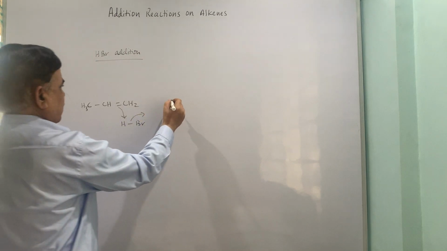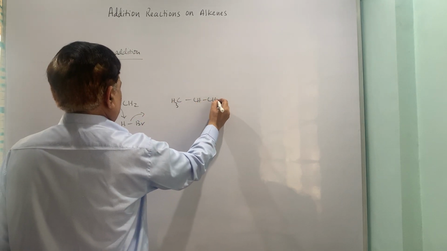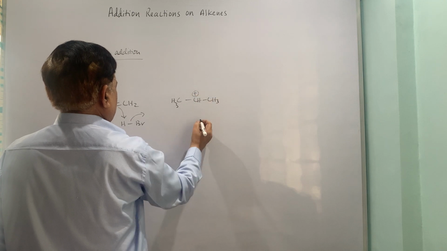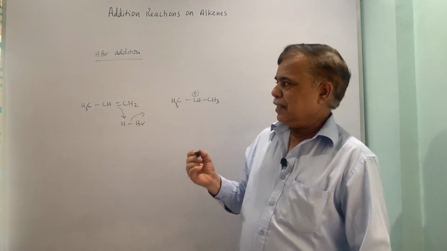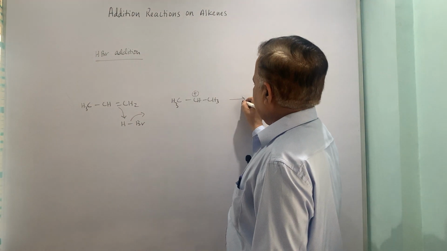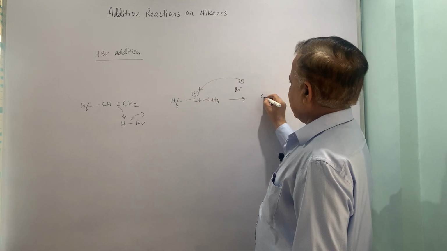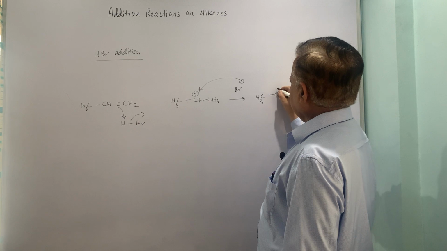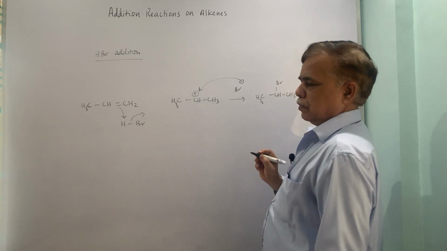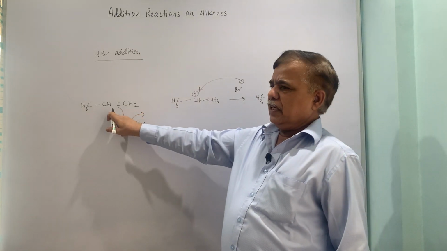So, the same methodology is there, reaction pathways are defined. Now, this is the carbonium ion, the secondary will form, and then in the first step this Br minus attacks and you will end up with the product. Now this is unsymmetrical alkene.